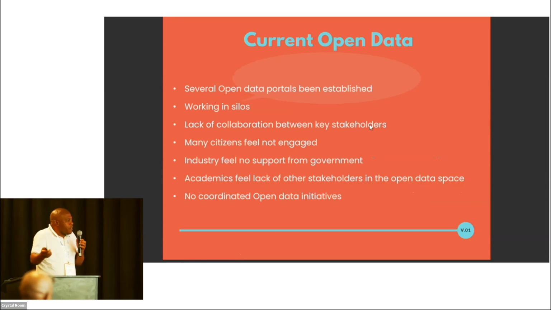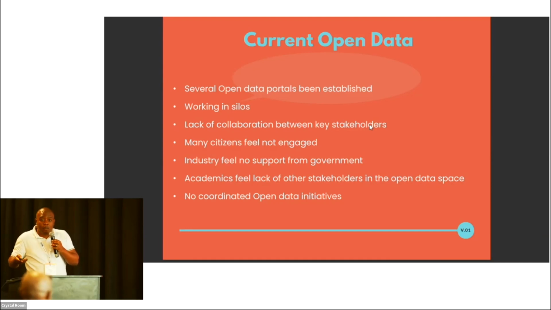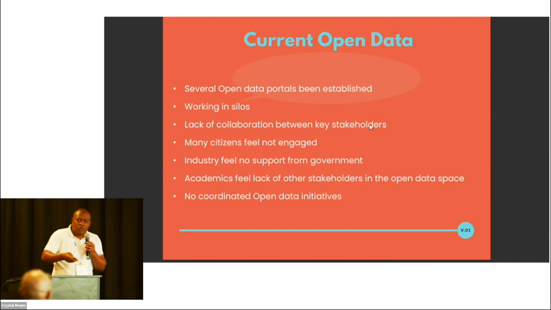When you look at these different things, you ask yourself, we have seen that there are a number of open data portals. I think some of them have been shared. We have a lot of information, from weather and other areas. But they are established and working in silos, with a lack of collaboration with key stakeholders. In this presentation, the key stakeholder is the rural citizens.